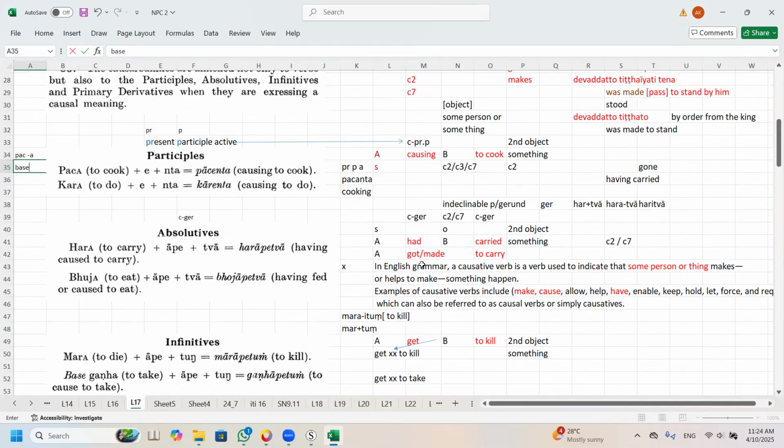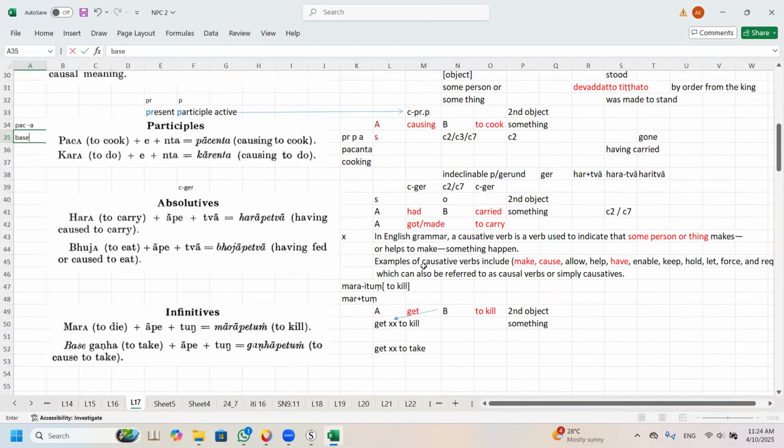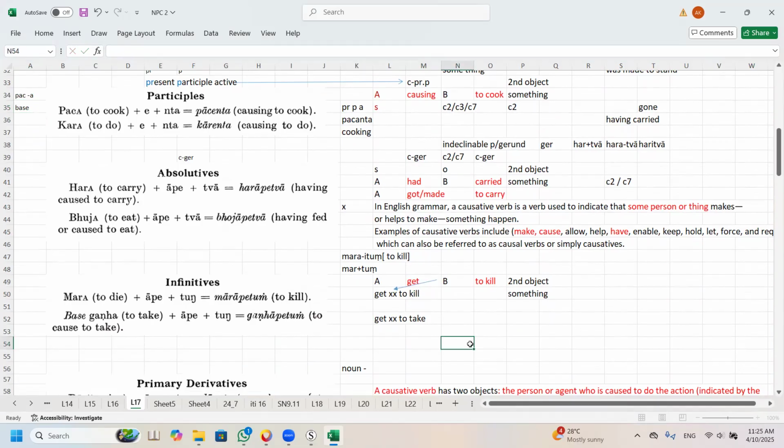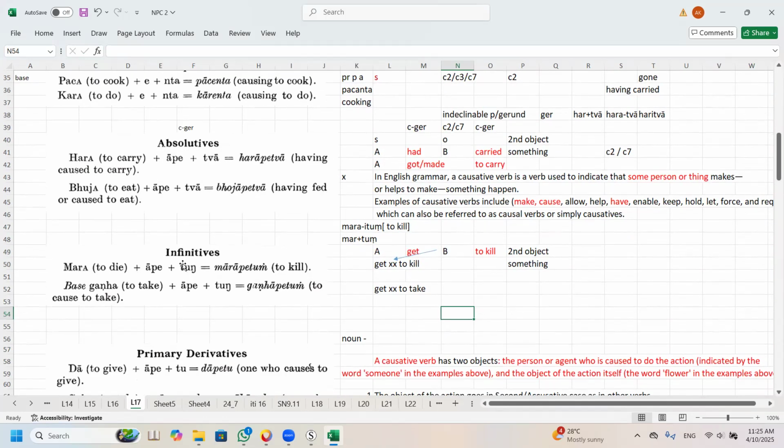This is very important. If we don't get this part right, next time you will run into problems. And it's the same here. You see, the infinitive is also the same: A get B. The infinitive also splits into two, because in between, B is the agent.